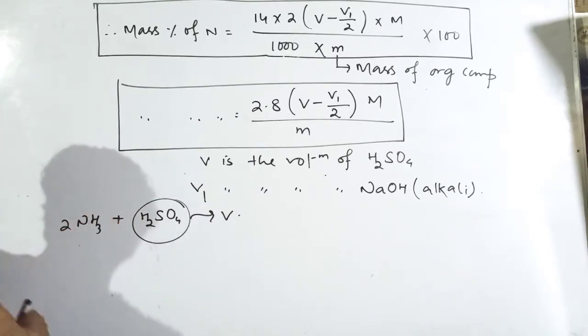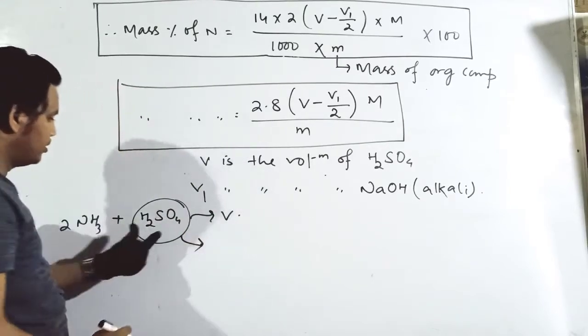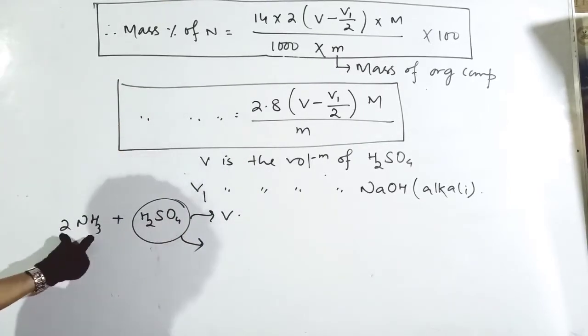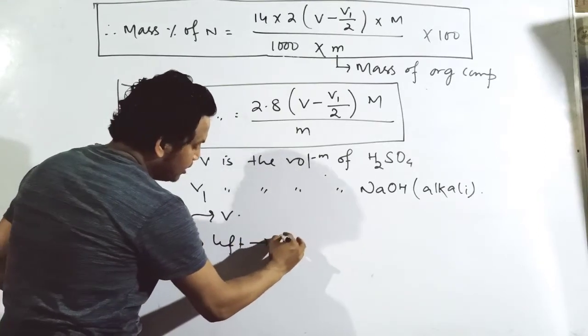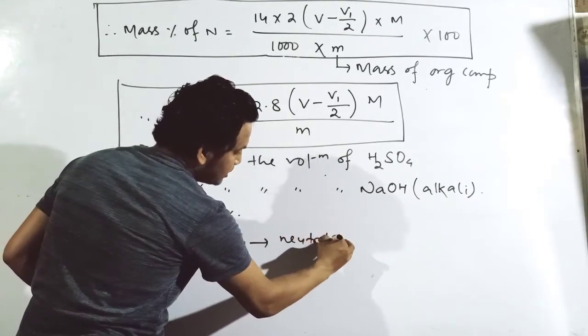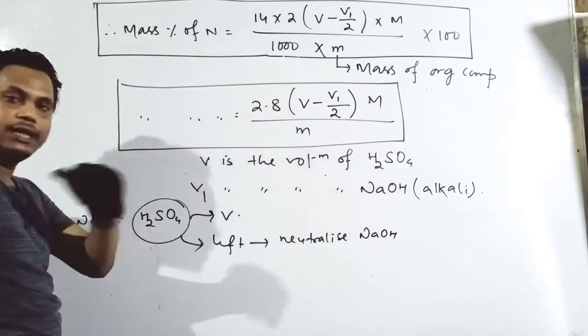Now the excess, the left part of the sulfuric acid, is used to neutralize NaOH.